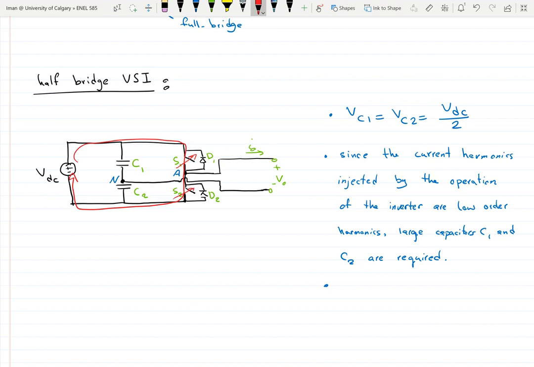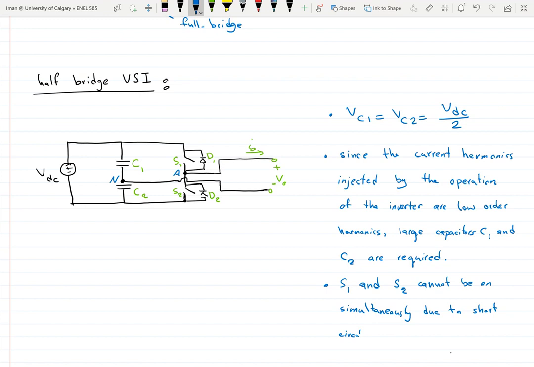Right, so S1 and S2 cannot be on simultaneously due to short circuit across the DC link voltage.